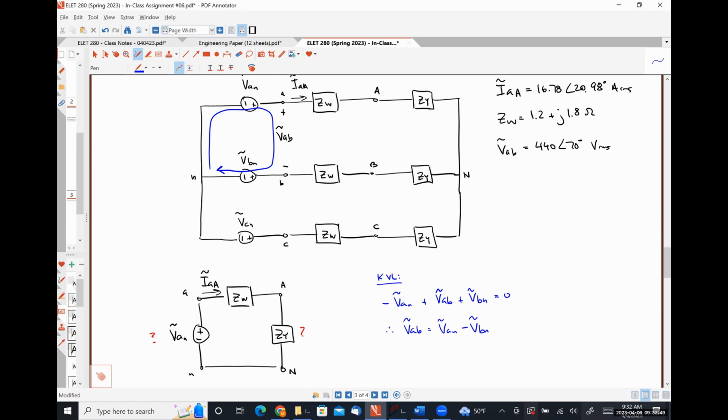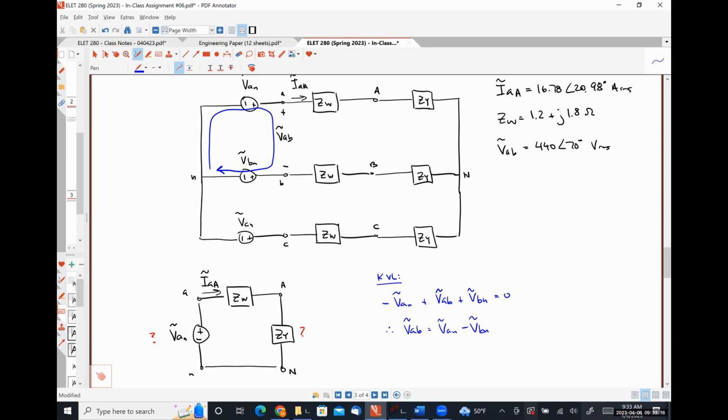So it looks like I have a problem here, because I have one equation and two unknowns. Right? I don't know what VAN is, and I don't know what VBN is. But I do know that VAN and VBN are related to each other, right?